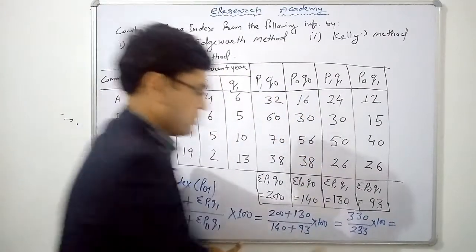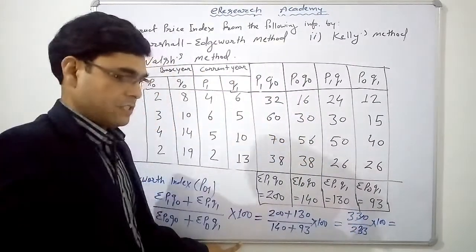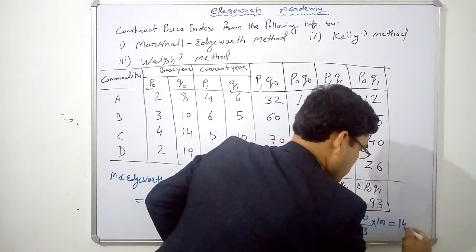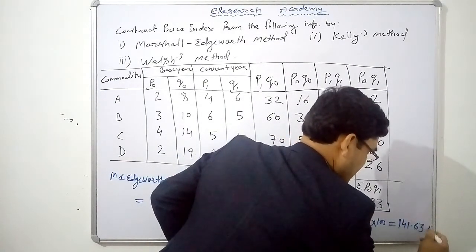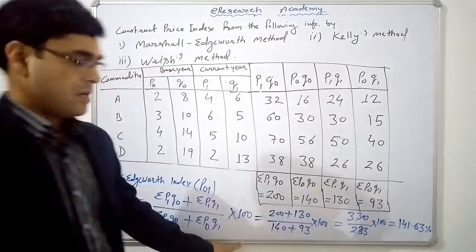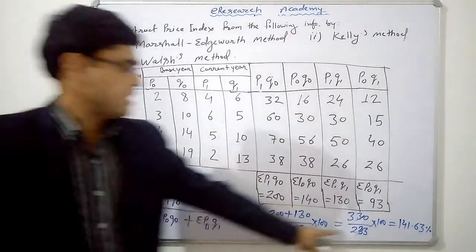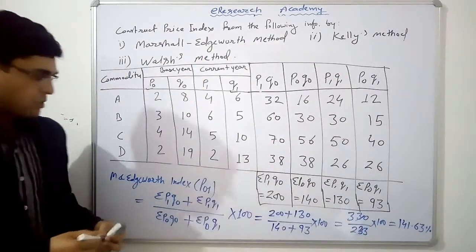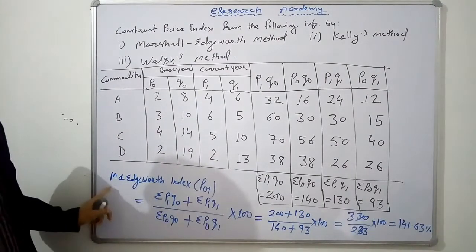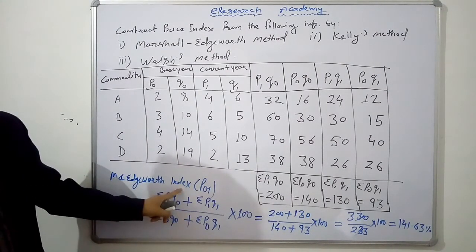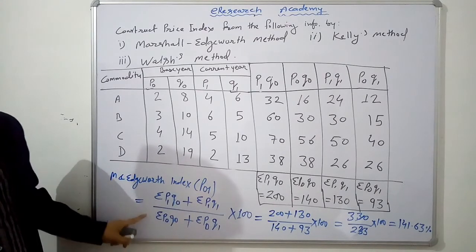It gives us the answer as 141.63%. So this is our price index by the Marshall and Edgeworth method.